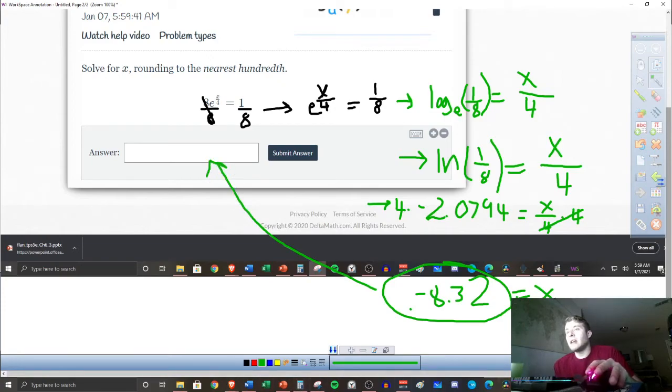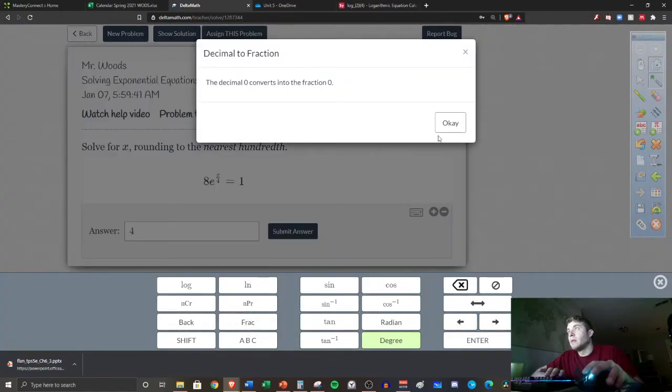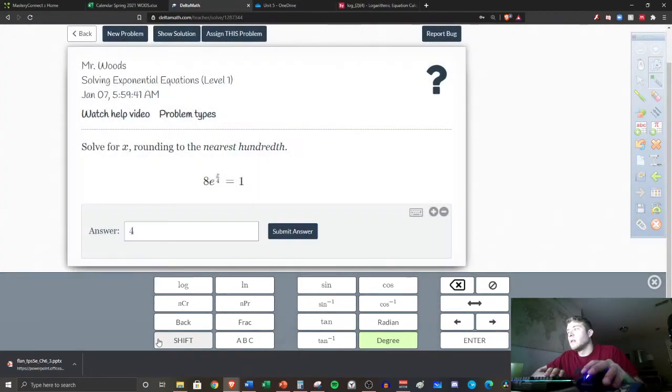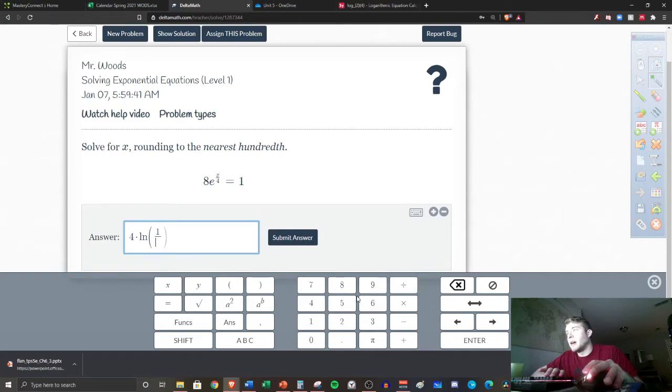Let's look at what that does in Delta Math. We know the answer. If I do natural log, but we got to do 4. Go back to, no. 4 times, let's go to our functions, natural log of 1 divided by 8.